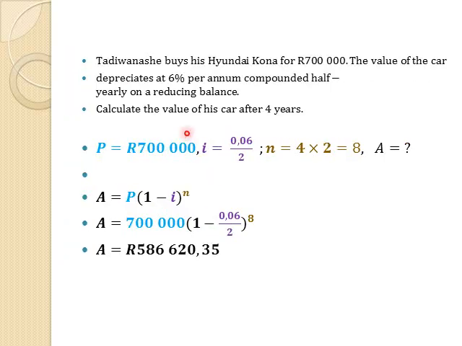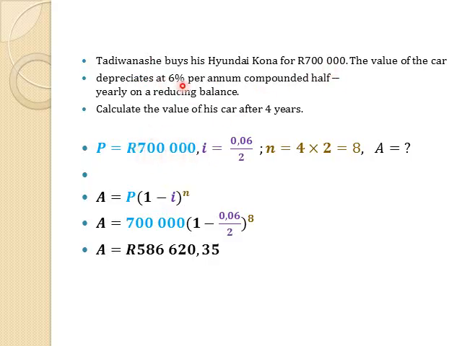Let's look at Tadi Wanashe, who buys his Hyundai Kona for 700,000. Tadi likes Hyundai. The value of the car depreciates at 6% per annum, compounded half yearly on a reducing balance. Calculate the value of the car after 4 years. So here the key is we're working with half yearly. Presently the car is worth 700,000 Rand.